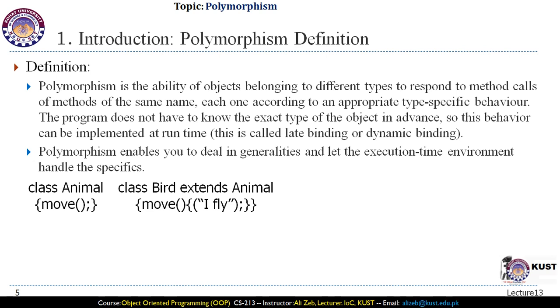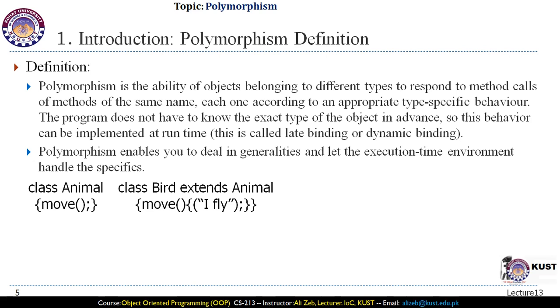And the move method of the Bird class is printing a statement that it flies. So when we create an object for the Bird class and we call the move method, the bird should fly. For example, we are creating a game, and in that game we have certain objects on our screen, and when we click on a bird, the bird should move, and the movement of the bird, as we understand, is flying.